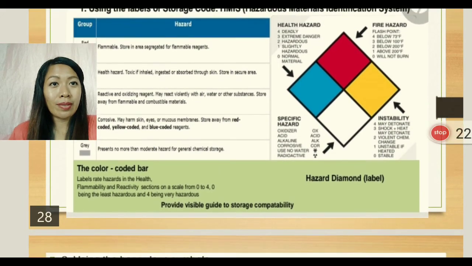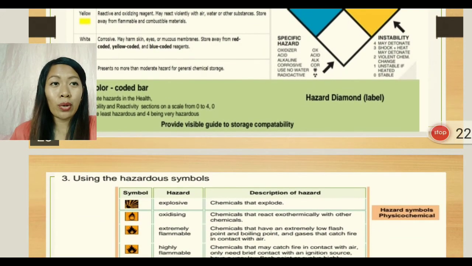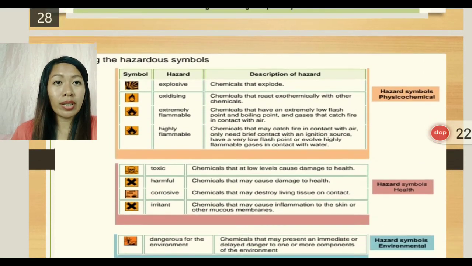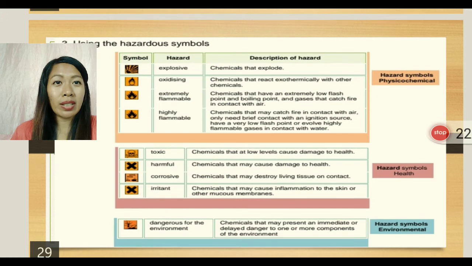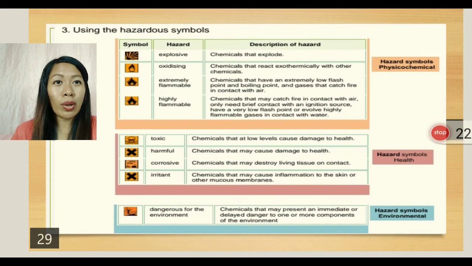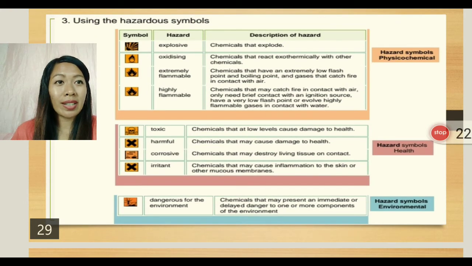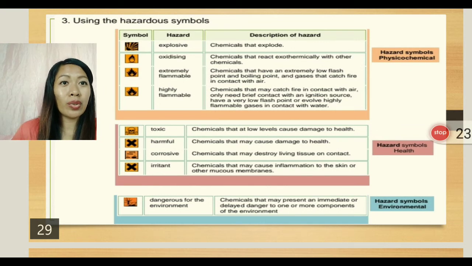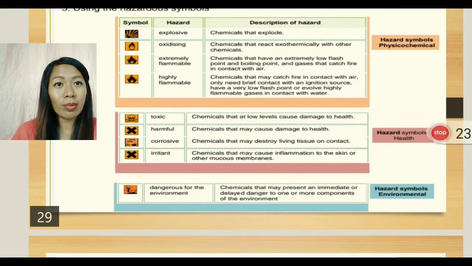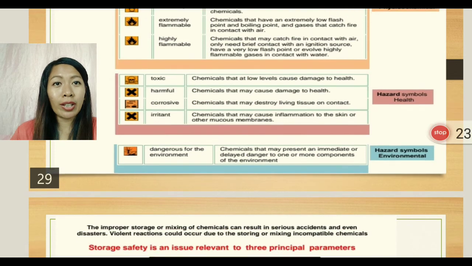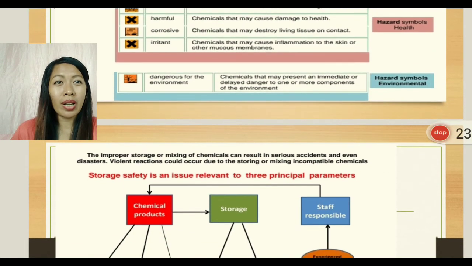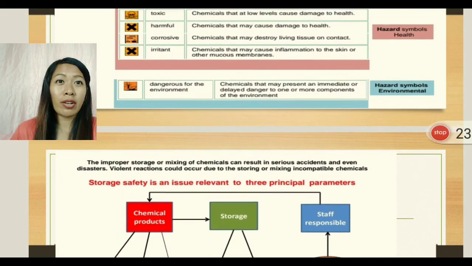Those are the storage codes that we can use when we do the labeling, and we have the hazard symbols as well. You can see the symbol for explosive, the chemicals that explode, for oxidizing, those that react exothermically with other chemicals, the extremely flammable symbol, highly flammable symbol, toxic, harmful, corrosive, irritant symbol, and the dangers for the environment.